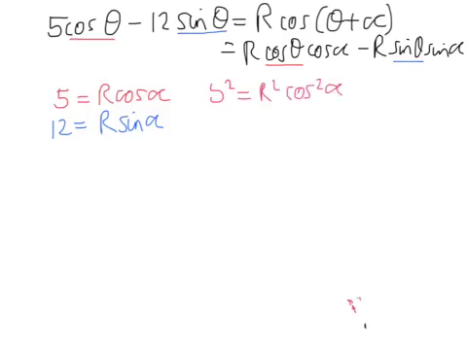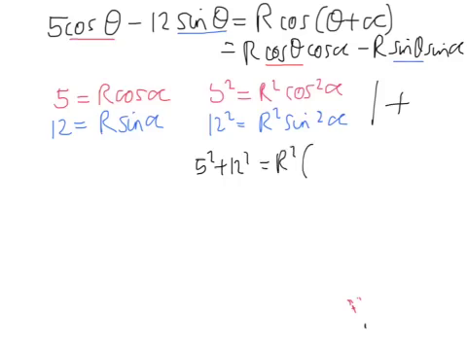And from the second one, 12 squared is r squared sine squared alpha. Okay, so if we add those two expressions, we're going to have that 5 squared plus 12 squared is r squared into, now I've taken out r squared because that's multiplied by both of those terms, into cos squared alpha plus sine squared alpha.